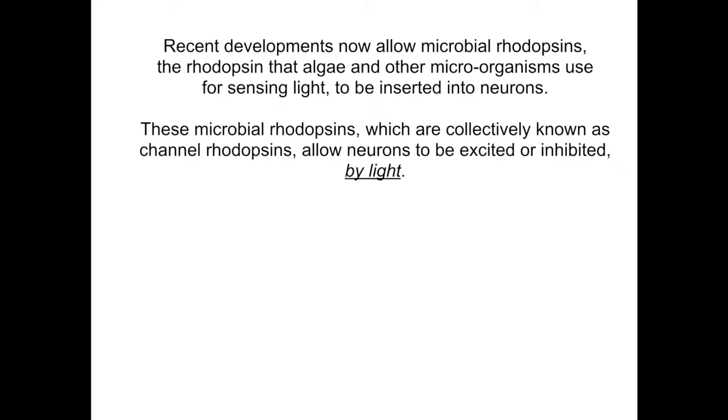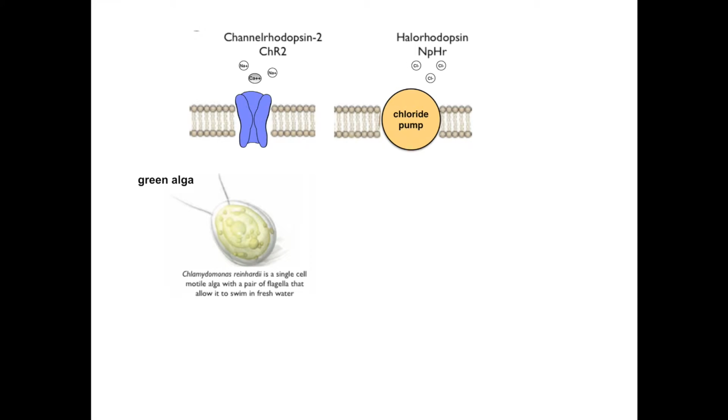However, recent developments now allow microbial rhodopsins, the rhodopsin that algae and other microorganisms use for sensing light, to be inserted into neurons. These microbial rhodopsins, which are collectively known as channel rhodopsins, allow neurons to be excited or inhibited by light. All organisms sense light with rhodopsin. We will discuss rhodopsin in much more detail when we consider the operation of the retina.